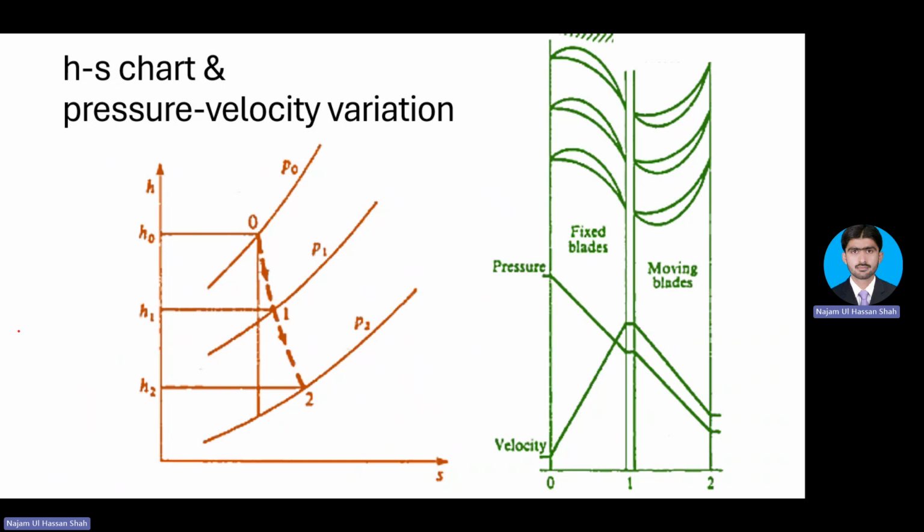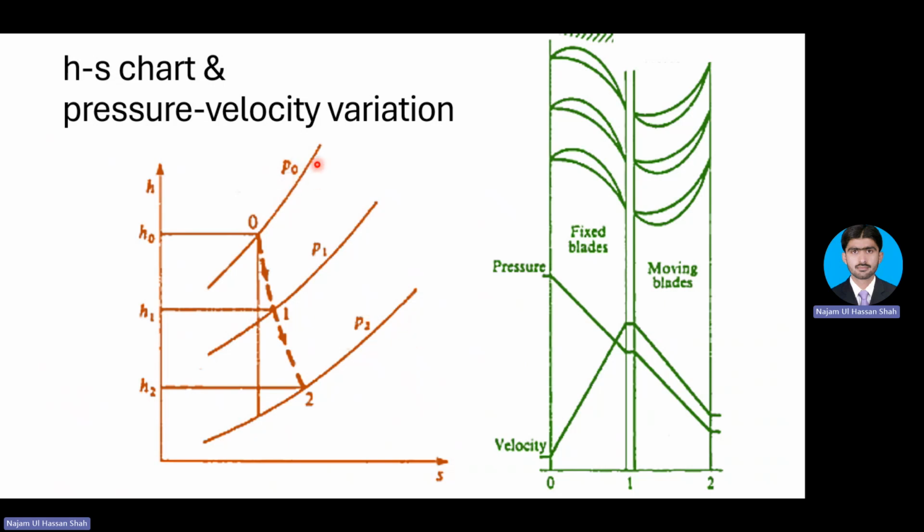This slide shows the HS diagram and the pressure velocity variation. The first diagram is an HS chart. The vertical axis represents enthalpy and the horizontal axis represents entropy. On an HS chart, constant pressure curves are inclined upwards as shown here for pressure P0, pressure P1 and P2.